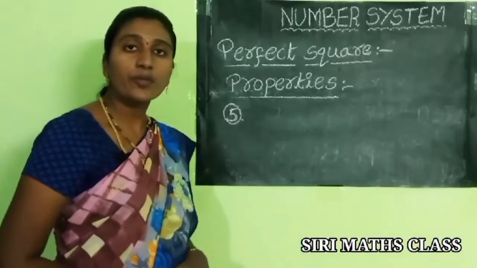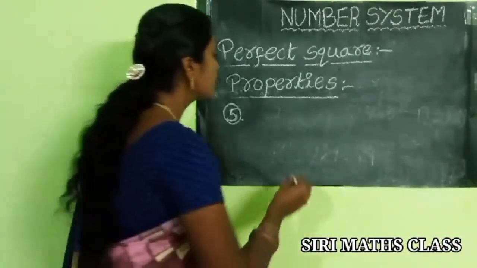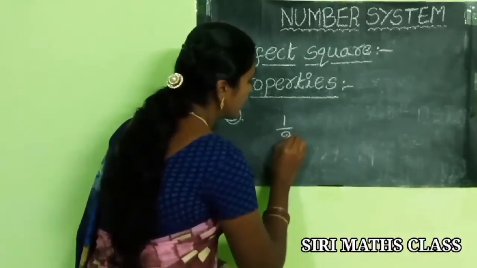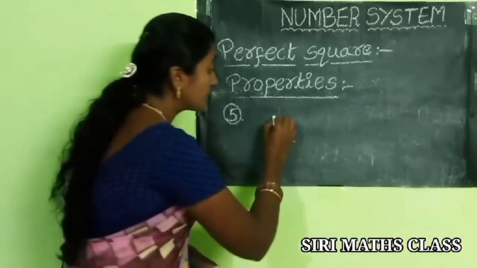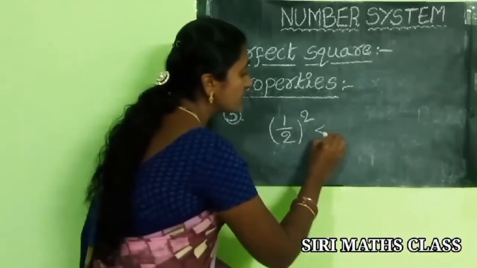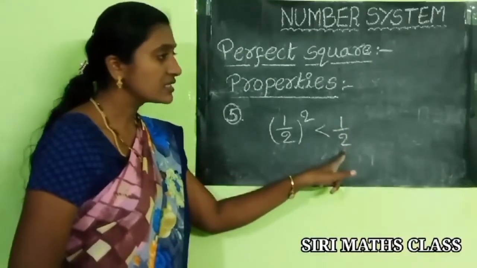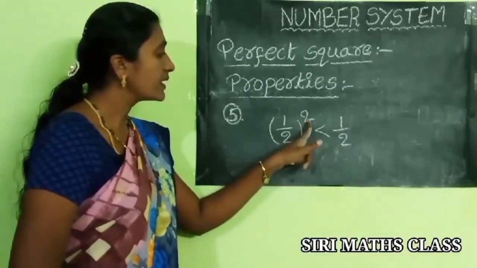The square of a proper fraction is always smaller than the given fraction. What is a proper fraction? Suppose here I take 1 by 2. Okay, 1 by 2 is the proper fraction. Here we can apply the square.